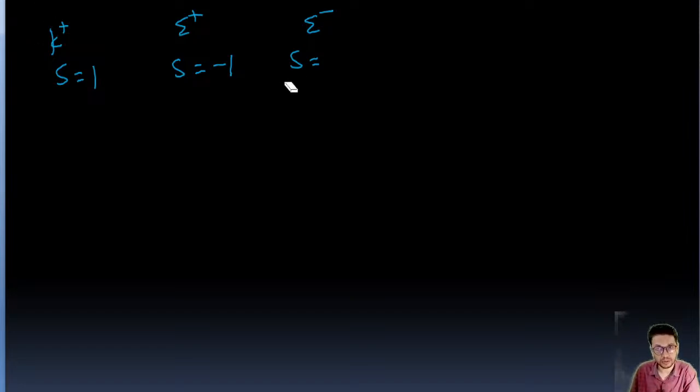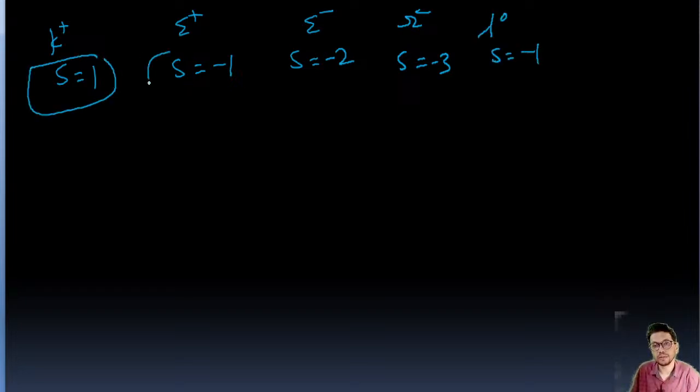For these three, strangeness will be different. For sigma plus it is minus 1, but for sigma minus, strangeness is minus 2. You can find out by formula, guys. Now I'm writing directly. For omega minus, S is minus 3, which we have found, and for lambda naught, S is minus 1. This also you should know. So now you know how to find strangeness.